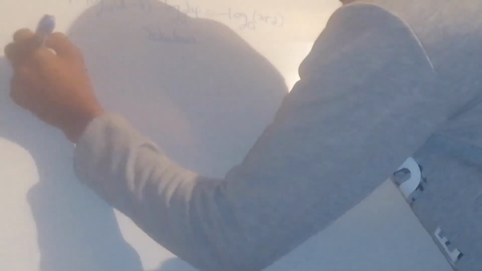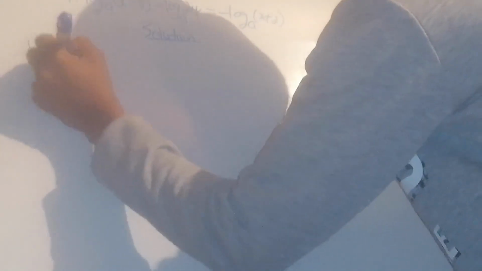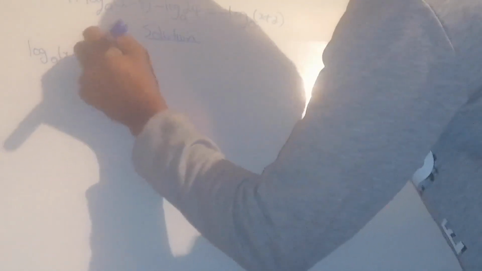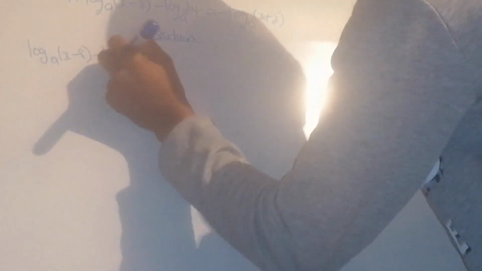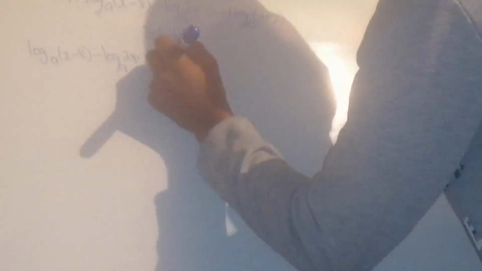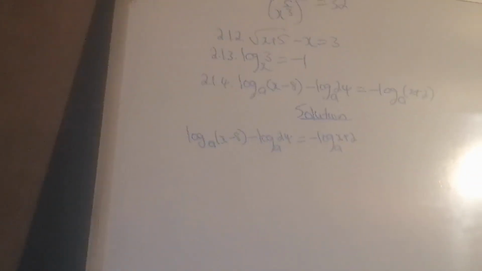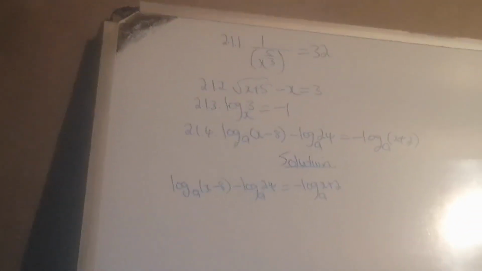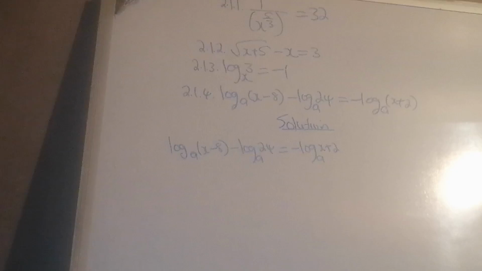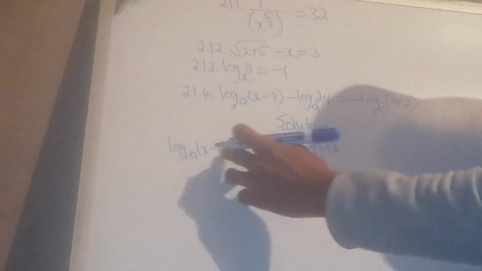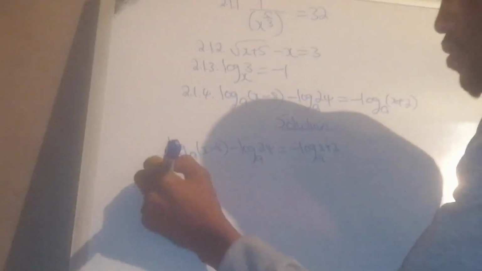We have log a of x minus 8 equals log a of 24 negative log a of x plus 2. Okay, let's bring our attention back into this. What are we going to do here? I know when I subtract, I divide.